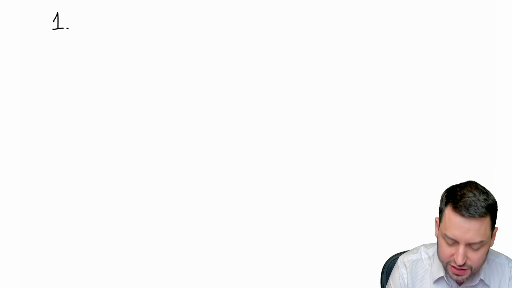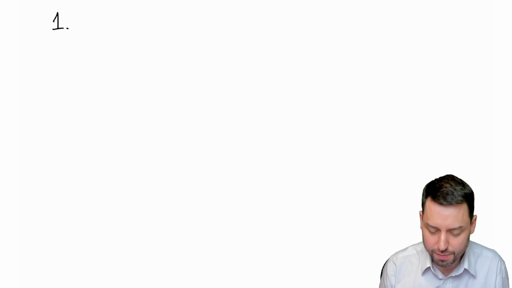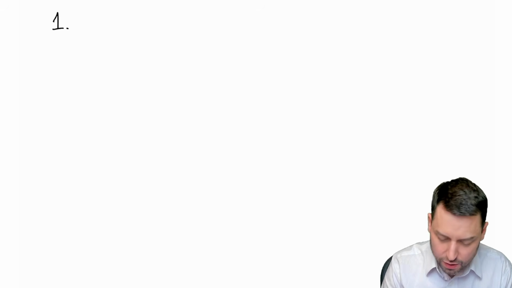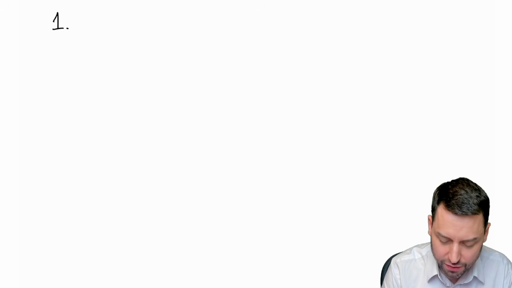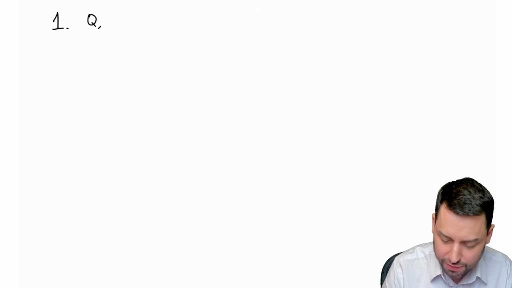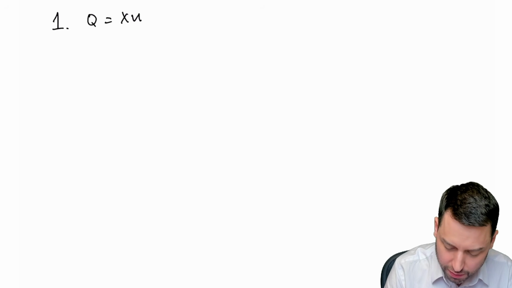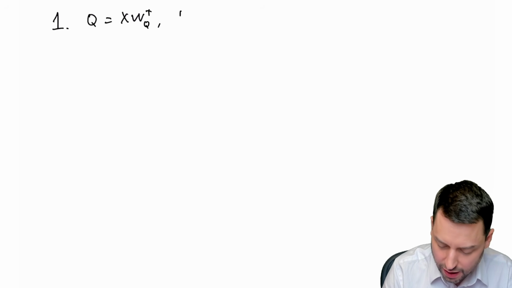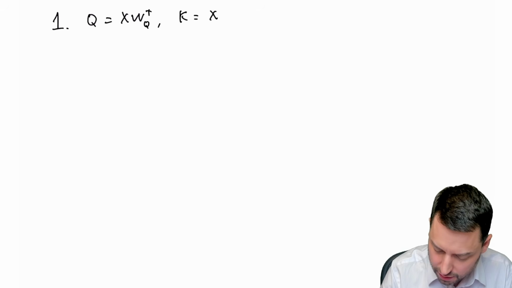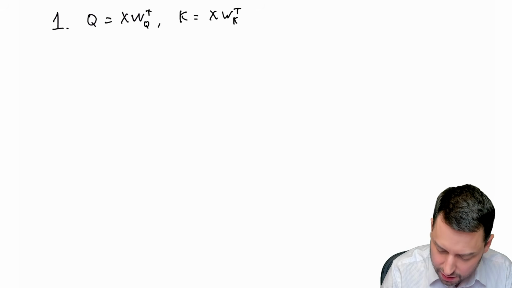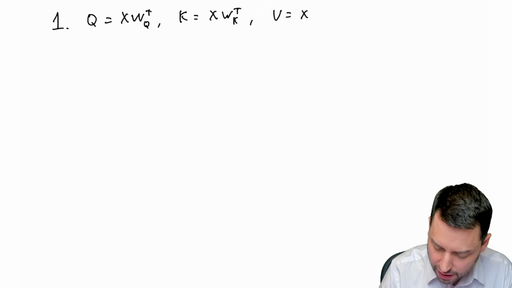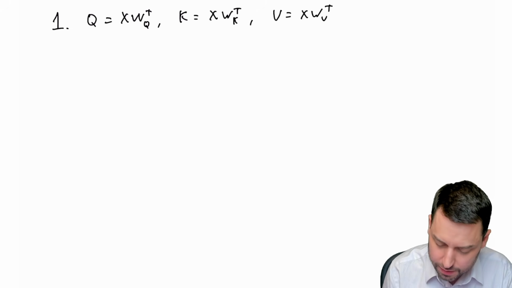Multi-head attention proceeds in a few different steps. The first step is we're going to form the same kind of Q, K, V as before. So Q is going to equal X W_Q, K is going to equal X W_K, and V is going to equal X W_V.